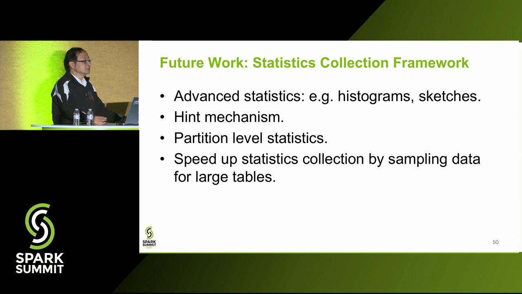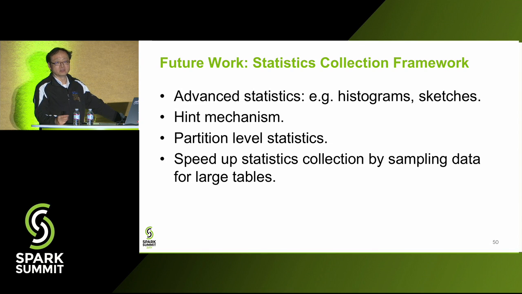Other than the cost formula, in terms of the statistics collection framework, we also have some more work to do. For example, histograms. We know that histograms are very effective in dealing with data skew.